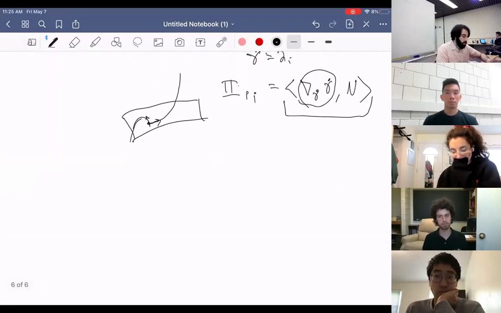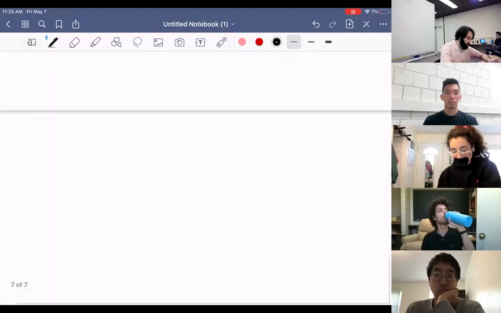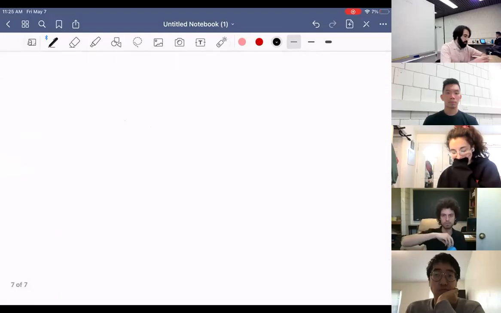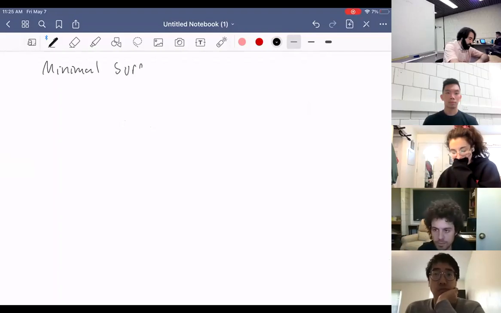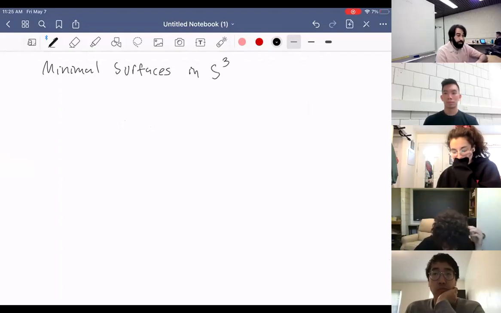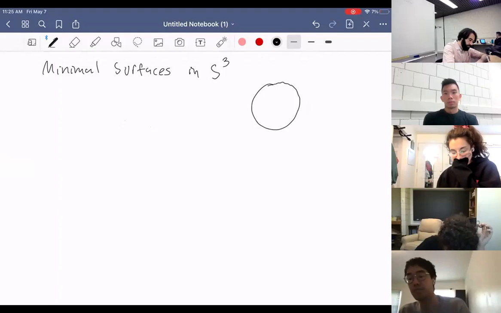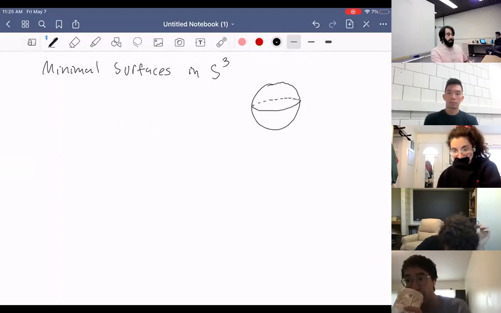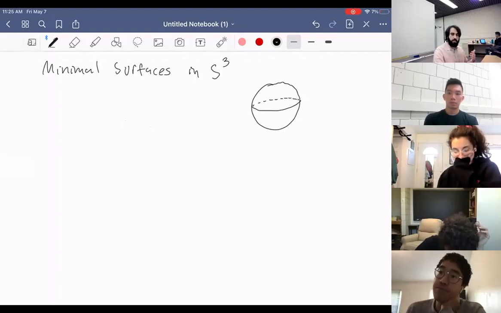So now let's move on to looking at minimal surfaces in the 3-sphere. The most obvious minimal surface is going to be the equator, or the equatorial sphere, right? Now, we kind of know that this is going to be a minimal surface just from symmetry, just by looking at it.